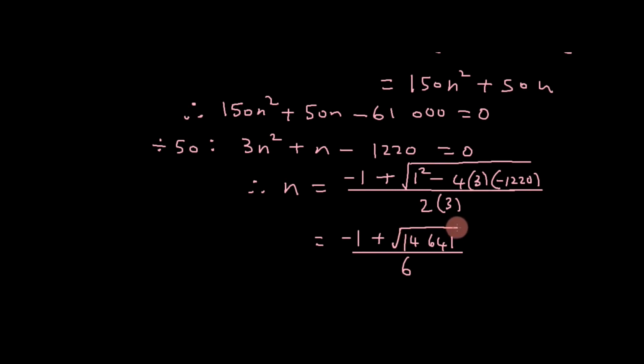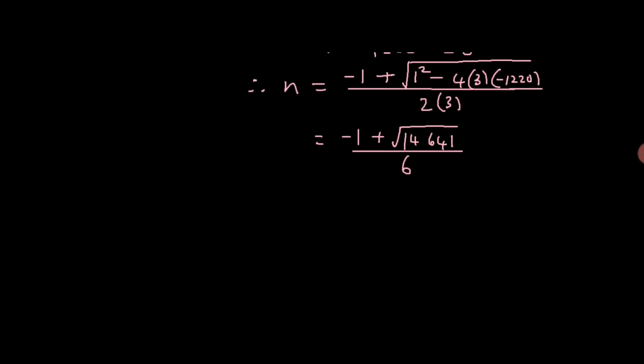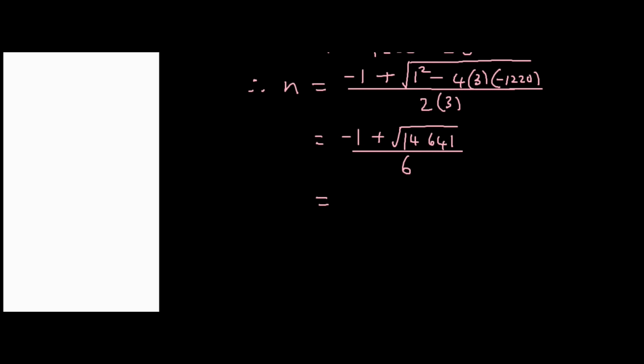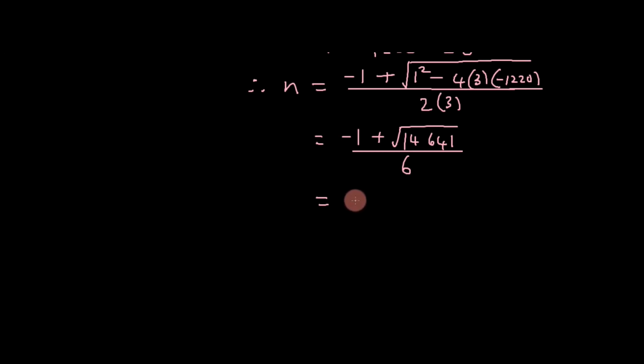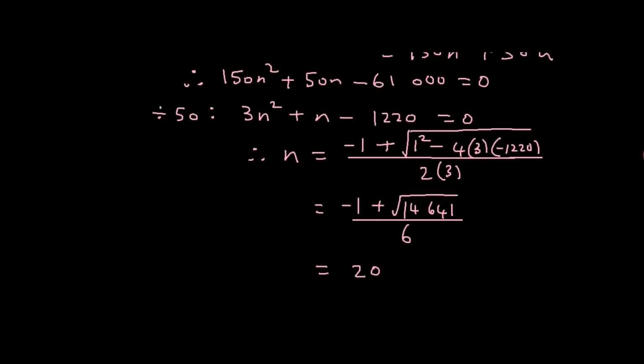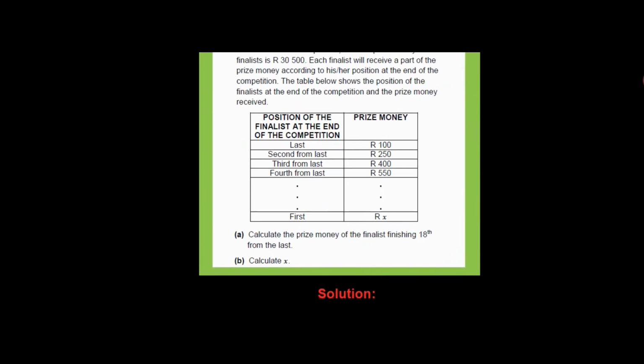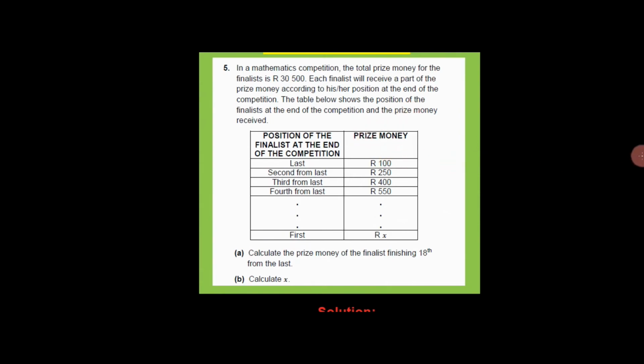And that must be square rooted. Now we can see what that comes to. And we see that n comes to 20. So we have 20 terms in the series. In other words, there were 20 competitors in this competition.